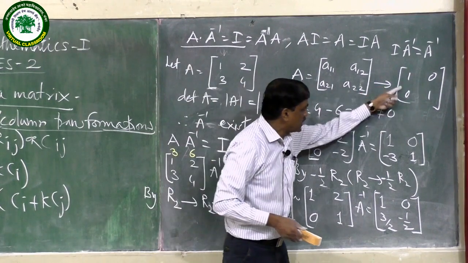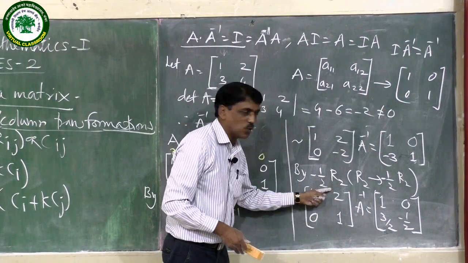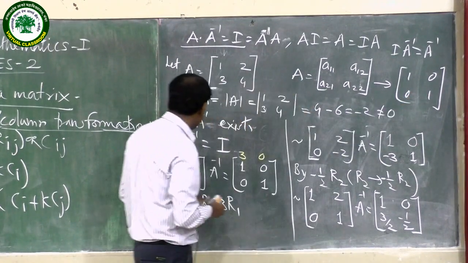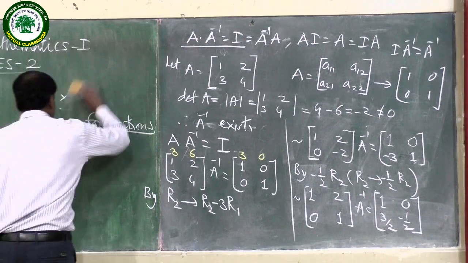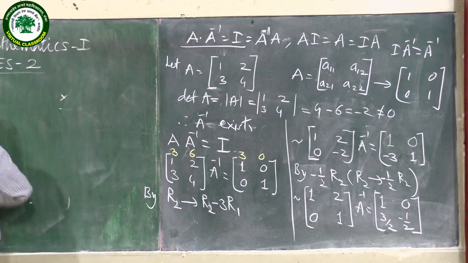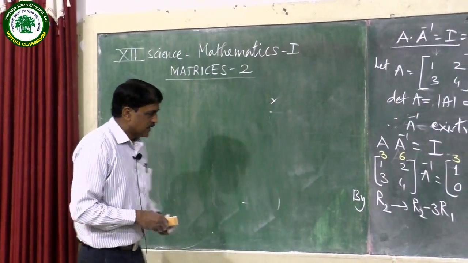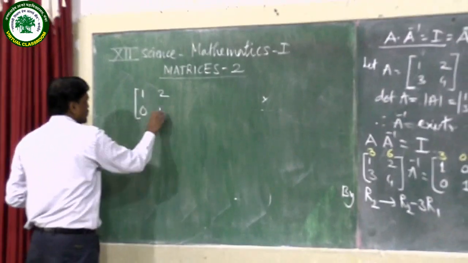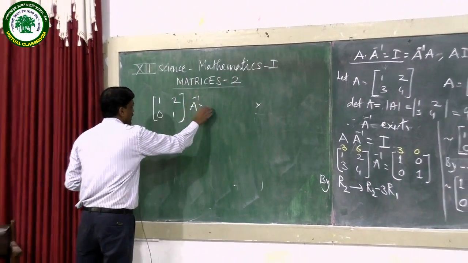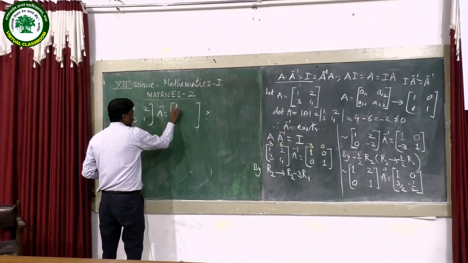Now what is remaining? Convert this 2 into 0. Let us write the equation here: [1 2; 0 1] A inverse equals [1 0; 3 by 2, minus 1 by 2].